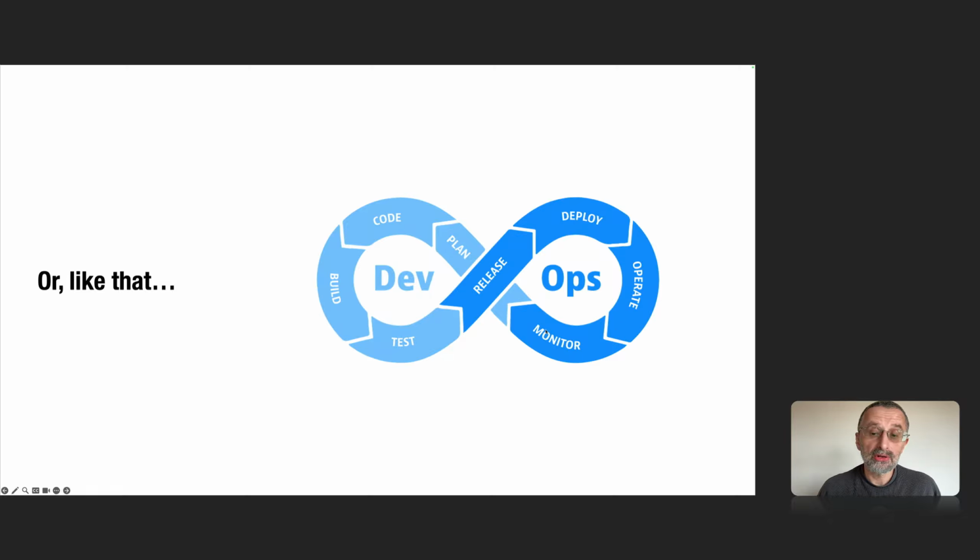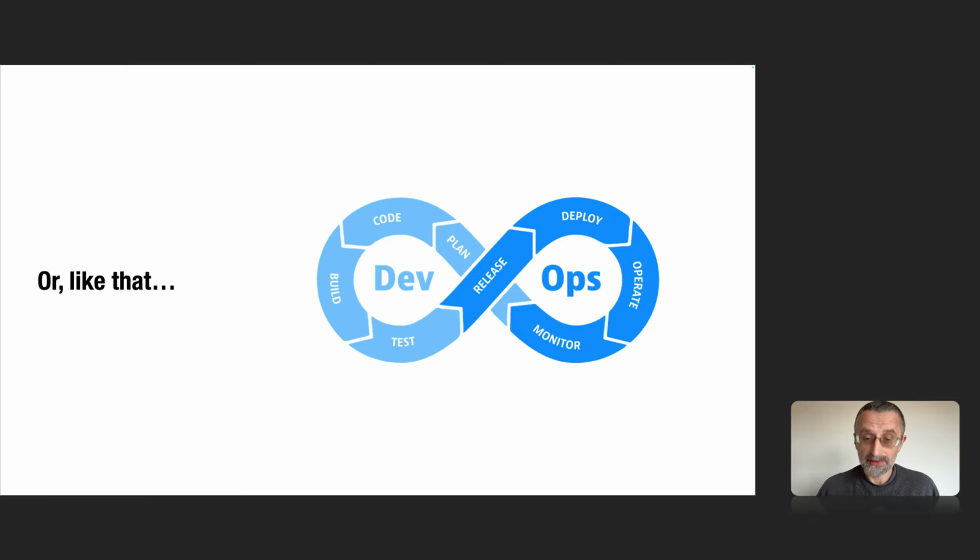Next, we need to monitor the system. Next, if there is something wrong or there is a new area for improvement, for example, because of new technologies which came to the market in the meantime, which is very hot nowadays, specifically in the area of generative tech, we need to plan for the new release, code it, build it, test it, and release. Yes, so this is DevOps.